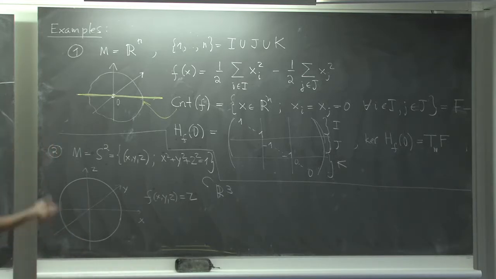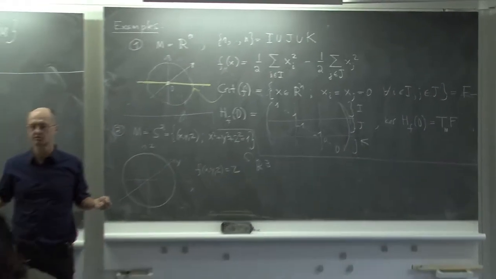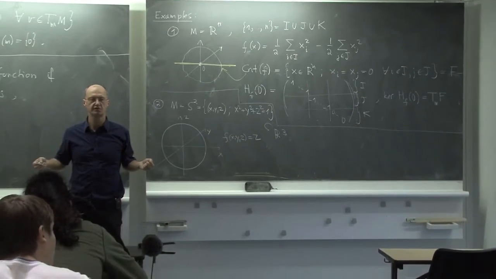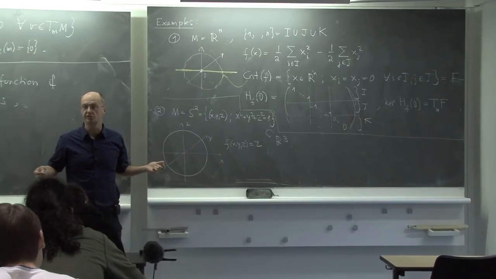Now, what would you say? Where is the critical set of this z coordinate? So I restrict the z coordinate to the sphere. Where is its critical set now? The critical set is where the differential vanishes.